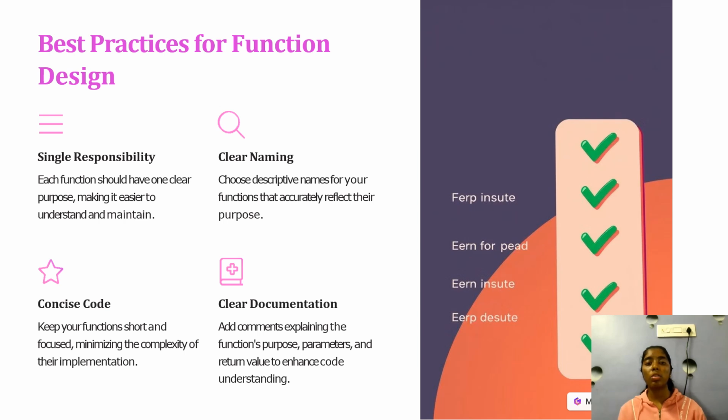Clear naming: choose descriptive names for your functions that accurately reflect their purpose. Concise code: keep your functions short and focused, minimizing the complexity of their implementation. Clear documentation: add comments explaining the function's purpose, parameters, and return values to enhance code understanding.